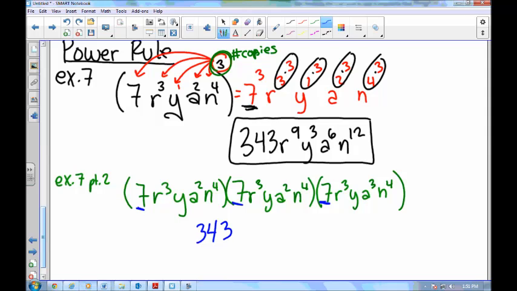343. With the r's, what can we do with the exponents when they have a common base and they're being multiplied? Add them. Yep. 3 plus 3 plus 3. 9. Y, the first, plus 1 plus 1 is 3.